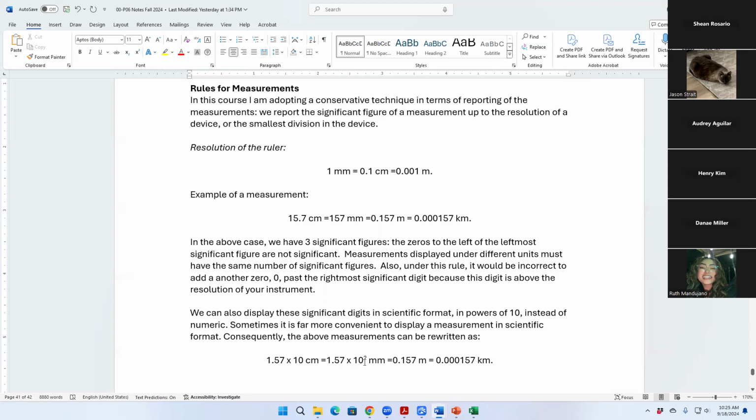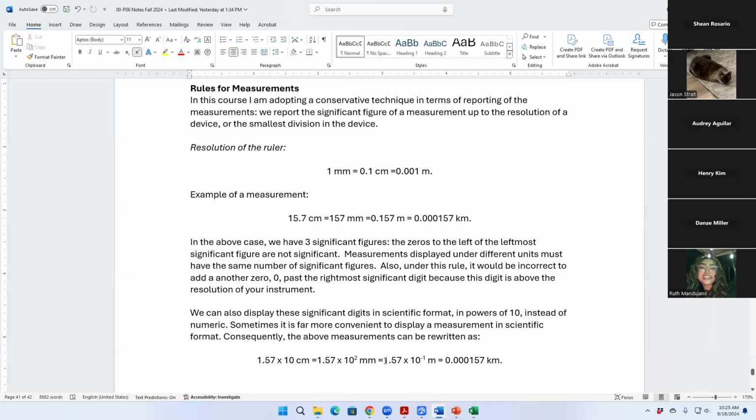So 1.57 times 10 squared is going to be 157 millimeters. And if I have 3 significant figures here, I must have 3 significant figures here as well. In the case of the meter, I still write that down with 3 significant digits, but I have to change the power of 10 now. Instead of 10 squared, it's going to be 10 to the minus 1.